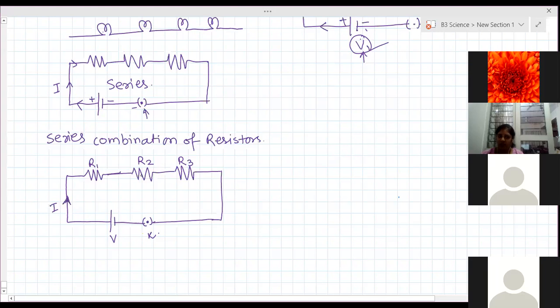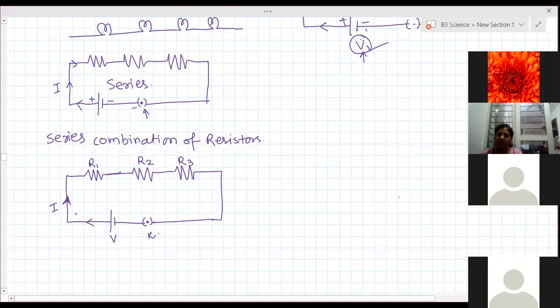If all three provide a small resistance, then more current flows through this circuit. But if the total resistance provided by the three resistors together is more, then the current flowing through them is less. Whatever current is drawn from this cell will remain the same through all the resistors.